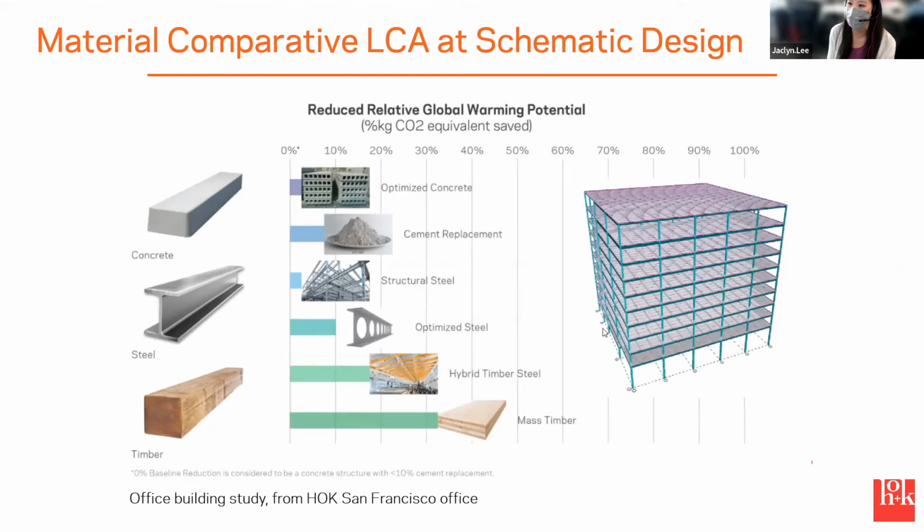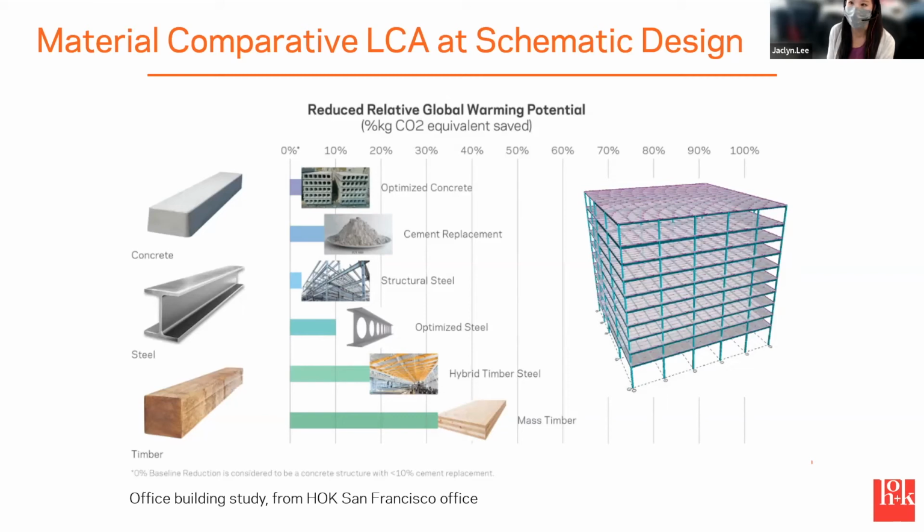The baseline was, I believe, cement replacement, and then just how much you can save going up to mass timber. So this was something that we could do at schematic design quite early. You can see material choices and how that changes your embodied carbon.